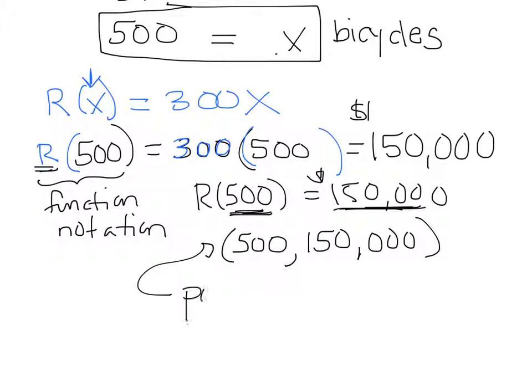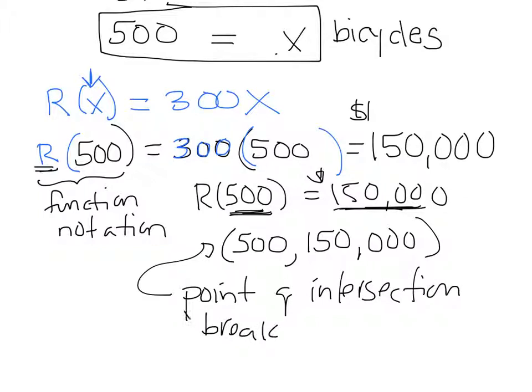So this is the point of intersection if you graph these two functions, which happens to be the break-even point, which we will describe in just a bit. But overall, this is what we've been doing: solving systems of linear equations, solving for x and y. So we used the math to solve this application.